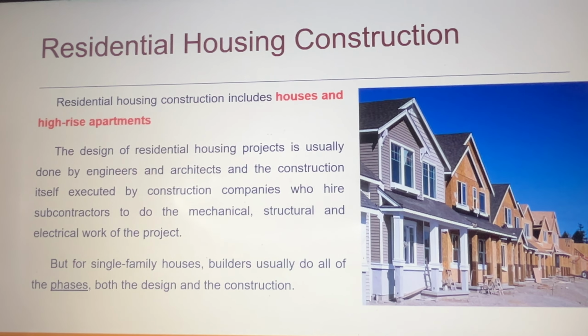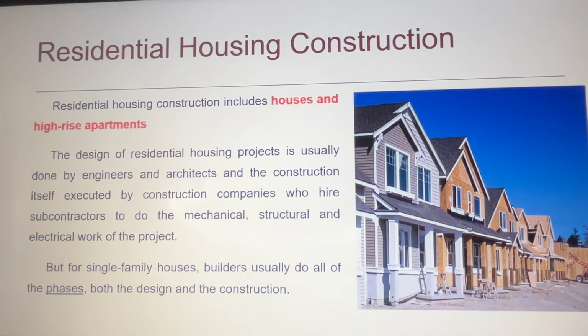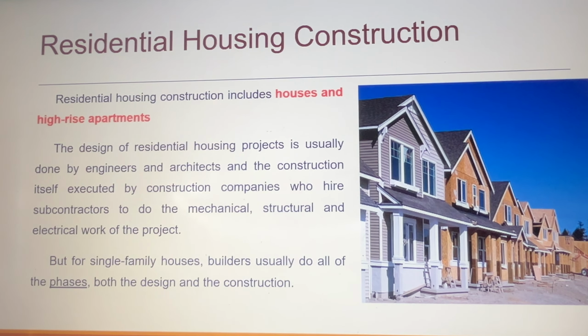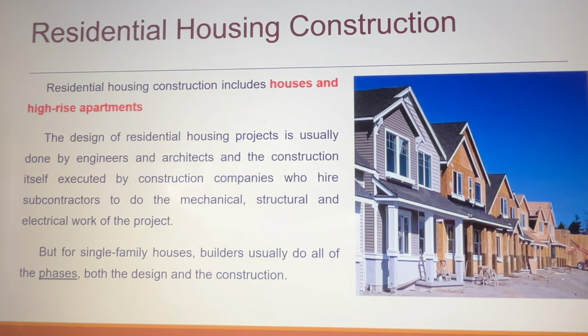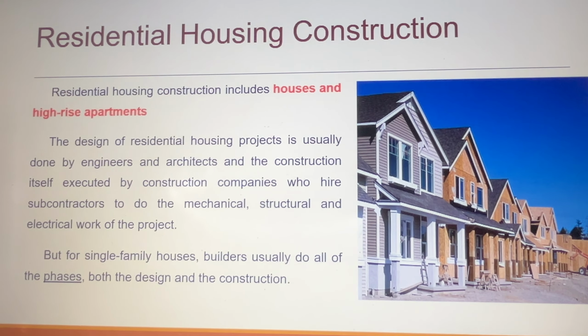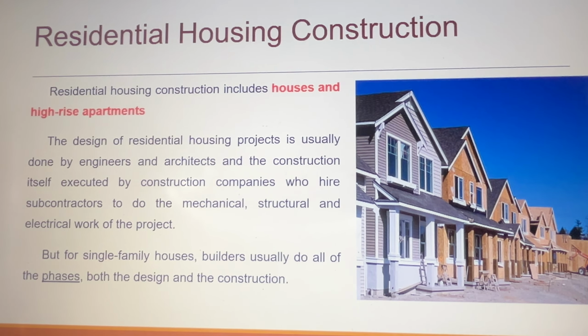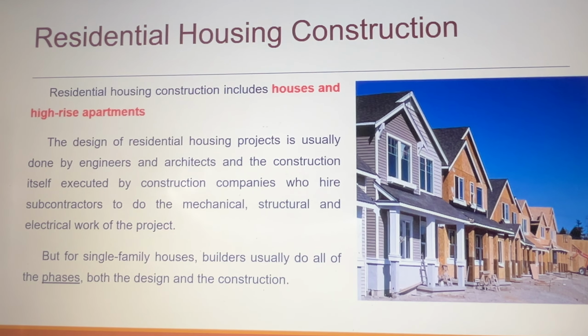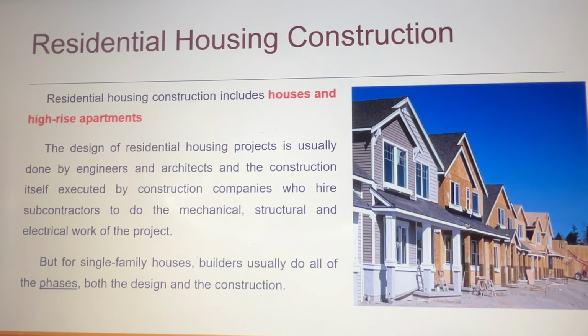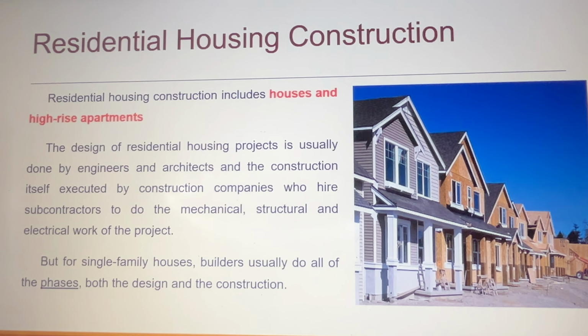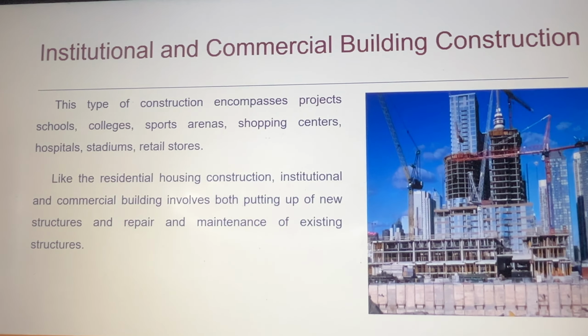It includes houses and high-rise apartments. The design of residential housing projects is usually done by engineers and architects, and the construction itself is executed by construction companies who hire subcontractors to do the mechanical, structural and electrical work of the project. But for single family houses, builders usually do all of the phases, both design and construction.